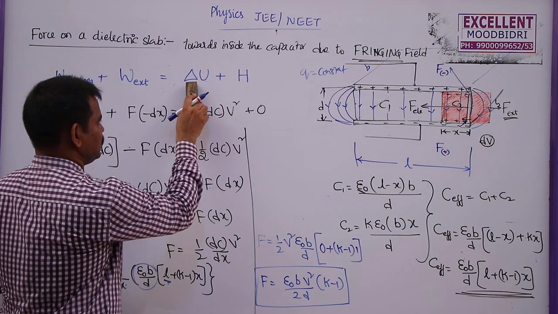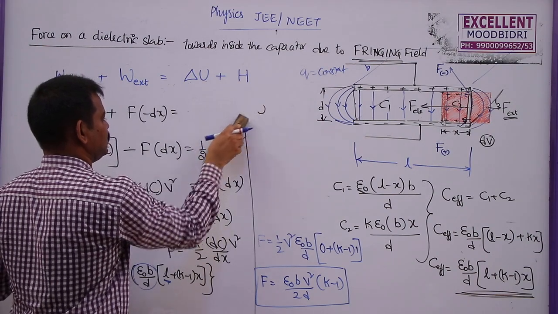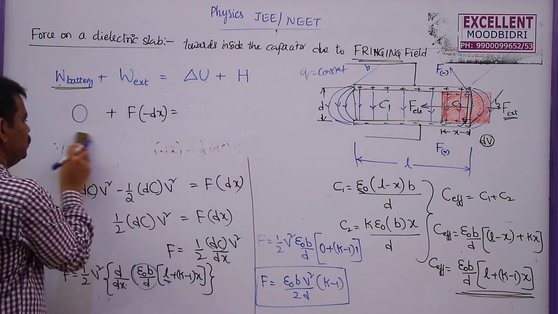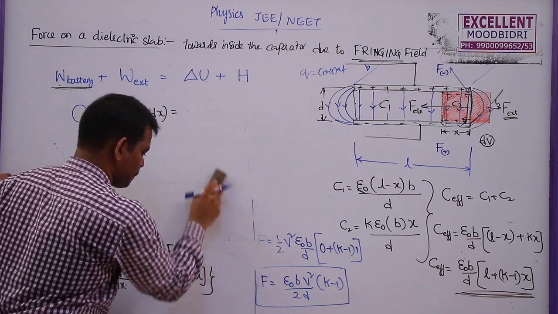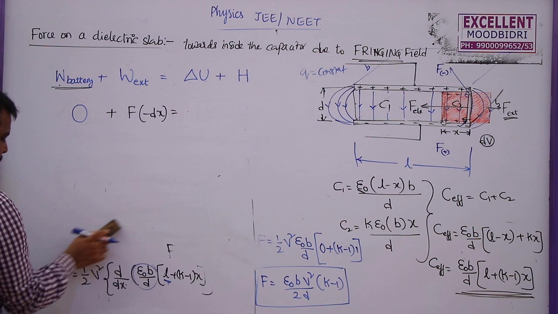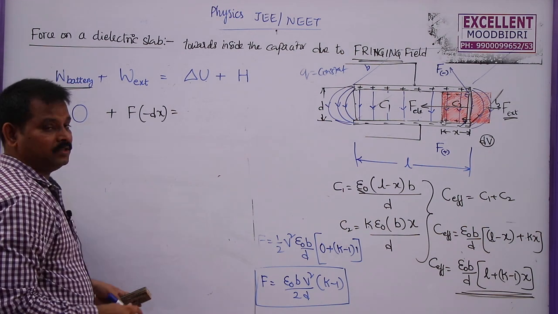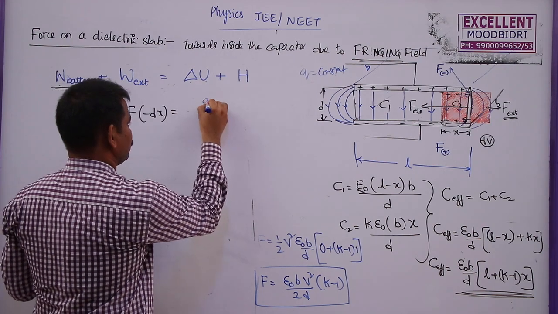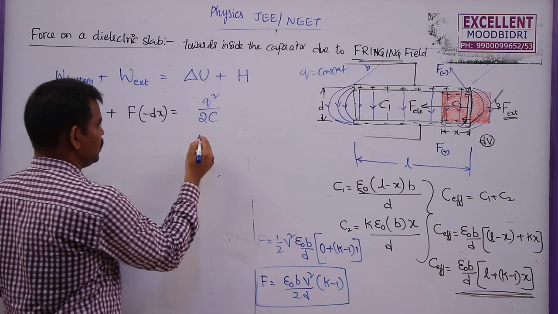And what is the change in energy of this one? Because no extra charge is given by the battery now, the change in energy is given by Q square by 2C. So this is the change in energy.